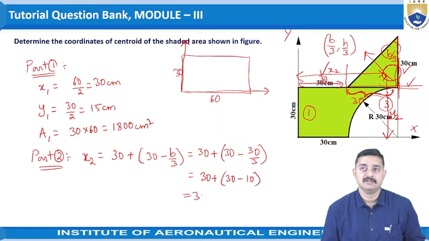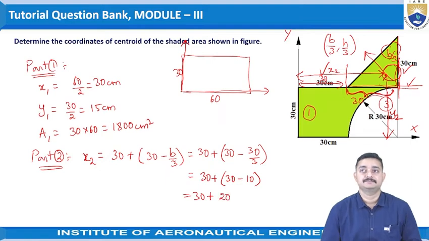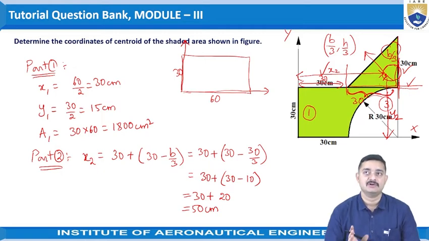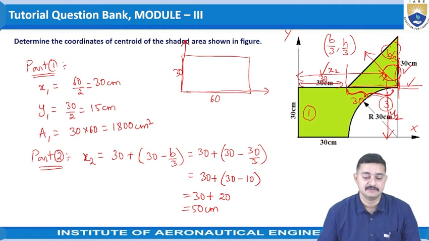So that would be 30 plus 20. Hence the value is 50 centimeters. So x2 is the 50 centimeters. That is the distance of the centroid of that particular triangle from the vertical y-axis or from the y-axis.